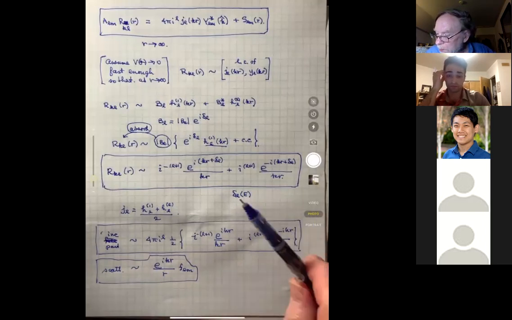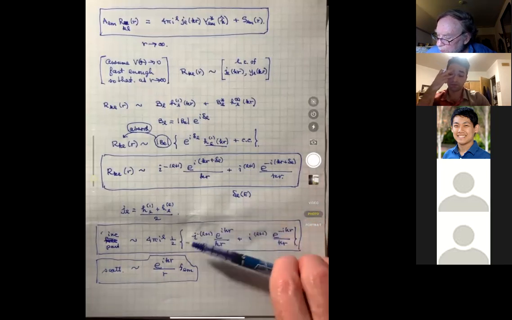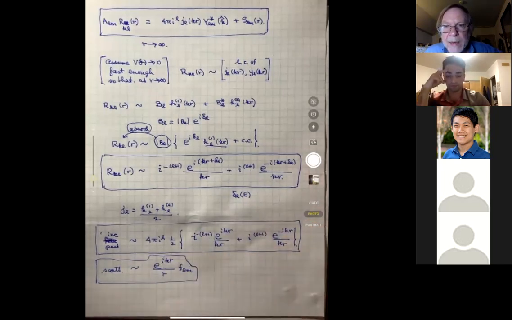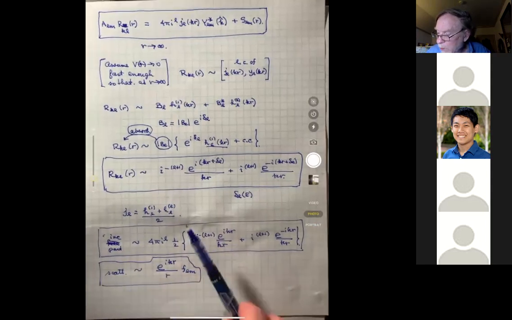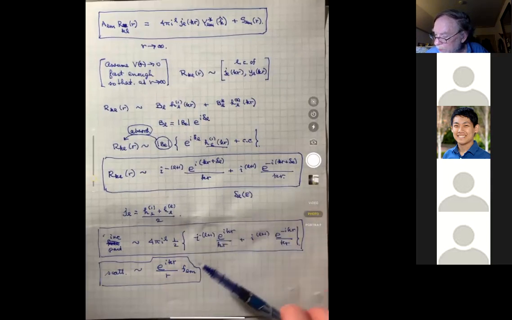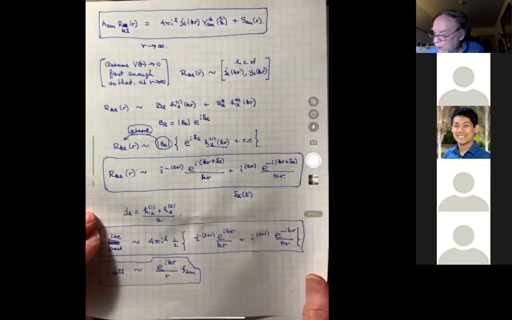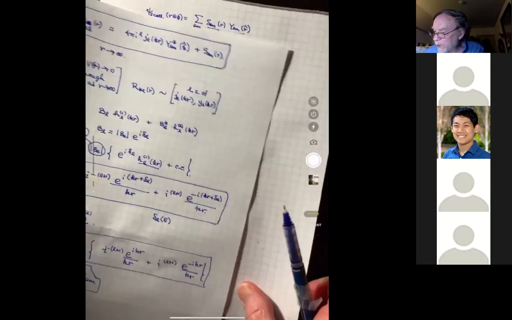So what that means is that if I write the first one equal to the sum of the next 2, the result is actually exact, even though we obtained it by taking leading asymptotic forms. That's because the leading asymptotic form is uniquely determined by the function. I mean, there may be higher order corrections, and you can worry about them as well if you want, but the leading term is uniquely determined by the value of the function. So all 3 of these have leading terms with the same behavior, and so they have to add up to each other. And so let's put those together into a single equation, which we can now analyze.